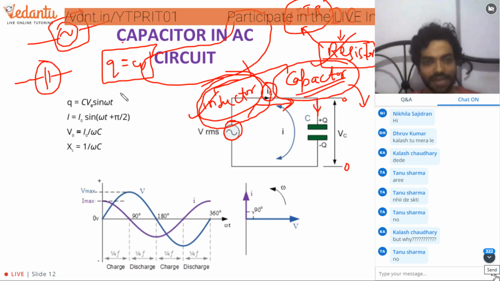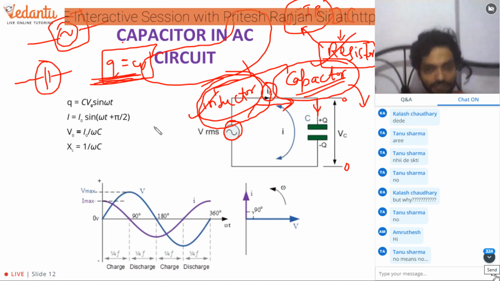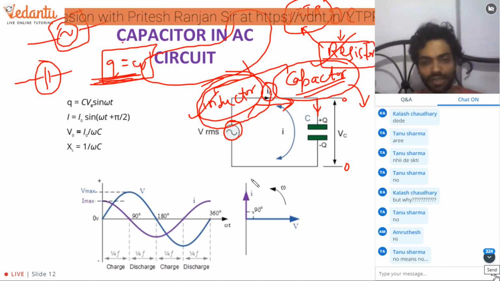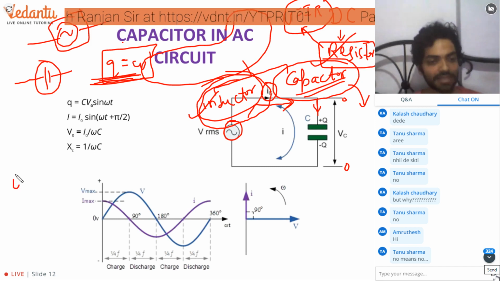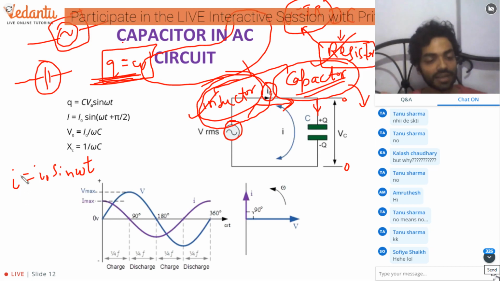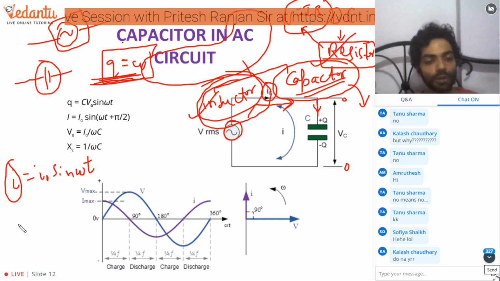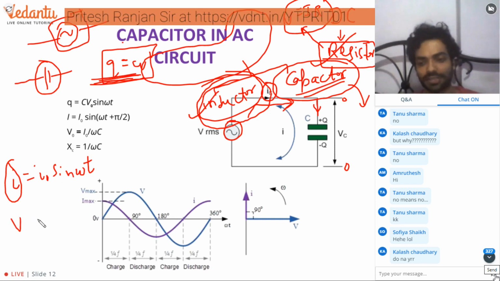In the same manner, for capacitance we have the equation Q is equal to CV, and every current source in AC circuit, as we have learned, is I naught sine omega t. This I have already introduced in the previous slides. From this value of I, I can find the value of voltage being supplied through the AC source.